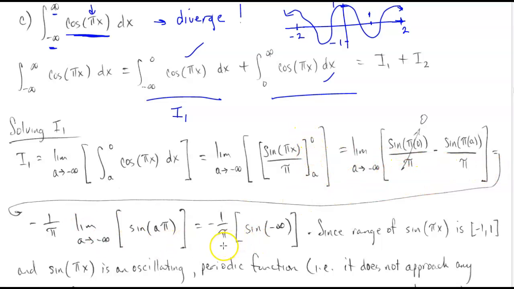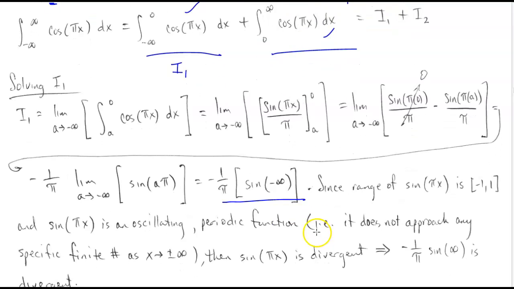Notice that I end up having to figure out what the sine of negative infinity is. And of course, we don't really know what that is, because infinity is not a real number, it's a concept, so we're stuck and can't evaluate that at all.